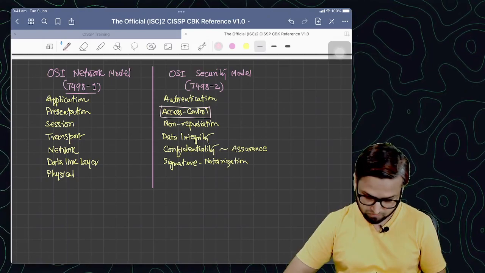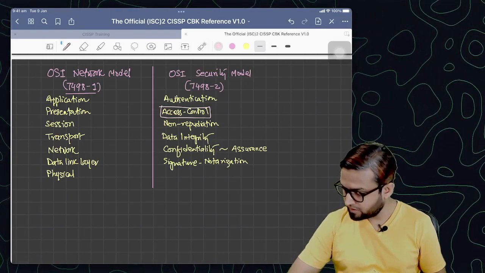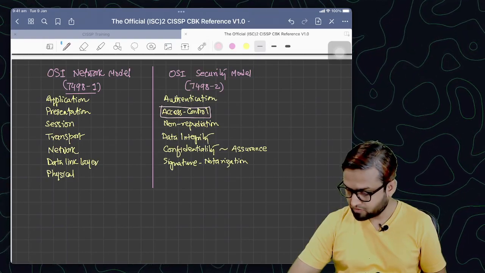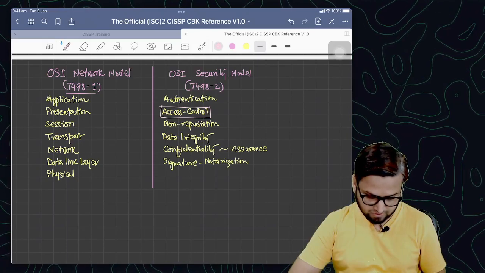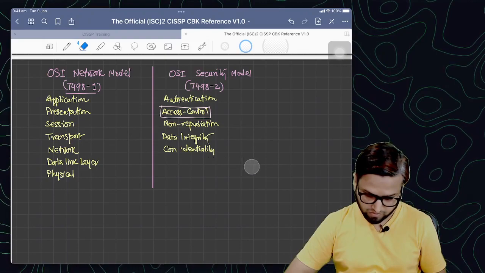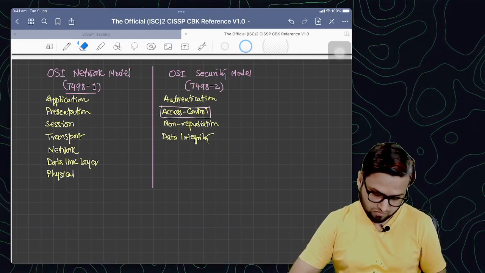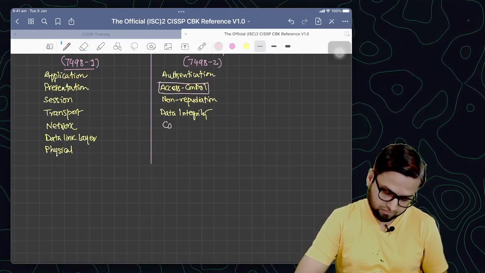And I think I did something wrong here again. Confidentiality is not assurance, sorry. Let me write it down here again. Data integrity and confidentiality.